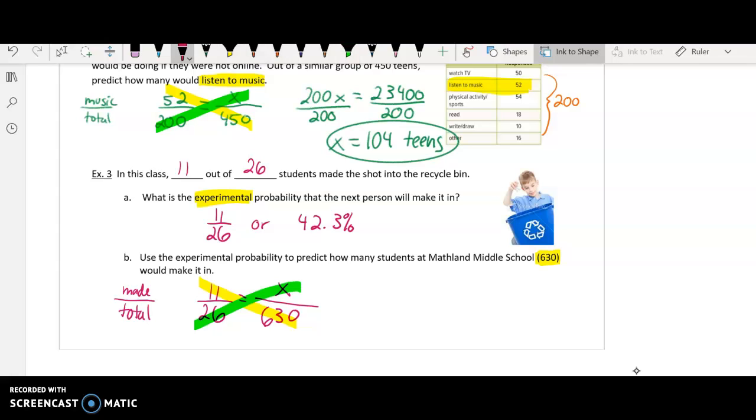And now again, we will use our cross product property, and we will get an equation that says 26x equals, let's see what 11 times 630 is, 6,930. And I can divide both sides of the equation by 26 to get our prediction.